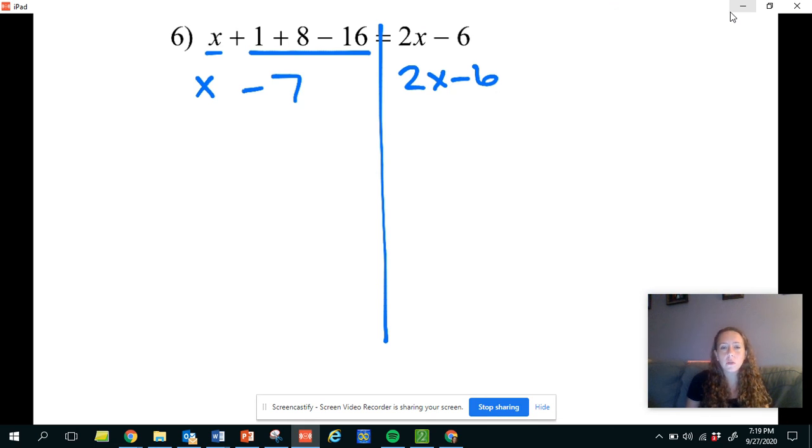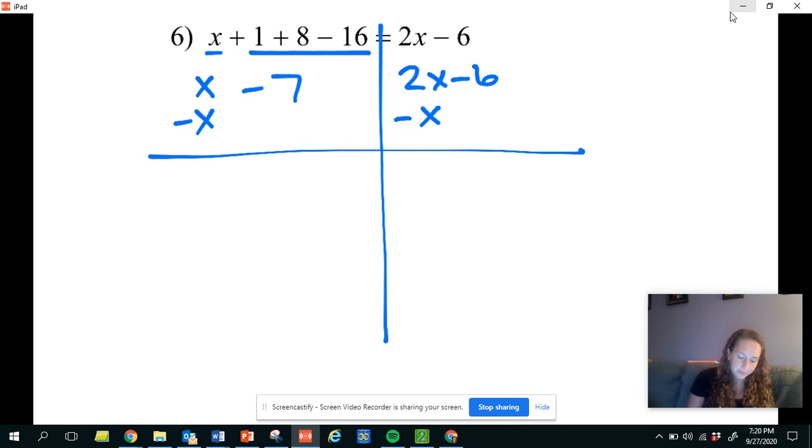So I'm going to start solving. So let's go ahead and subtract x on both sides, because again, it does not matter which side you move it to. You get the same answer either way. So on this side, I'm going to bring down my negative 7. On this side, 2x minus x is 1x, or just x.